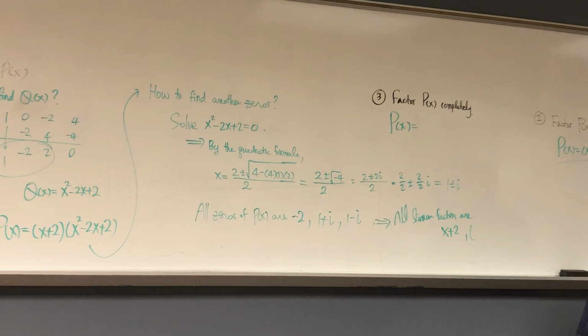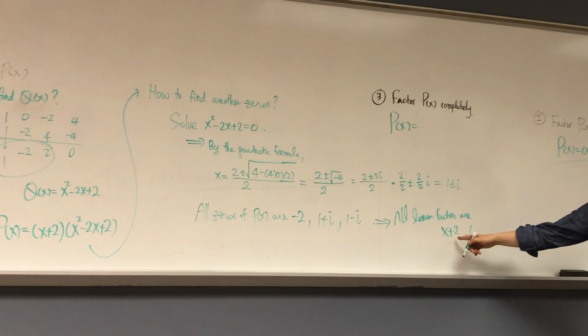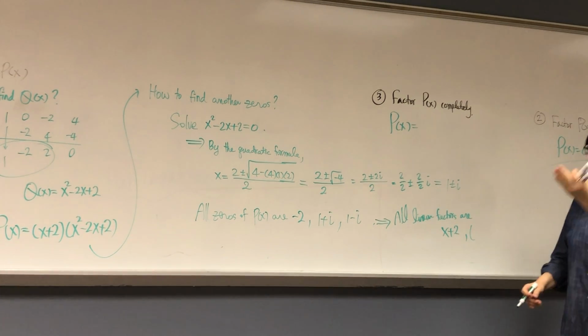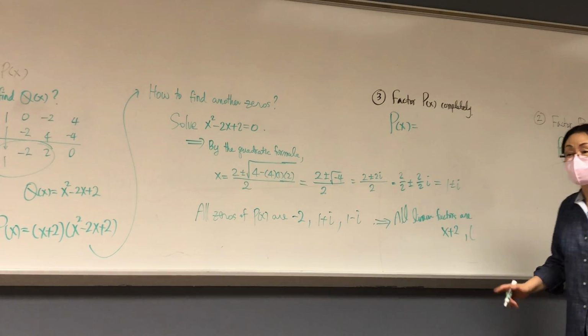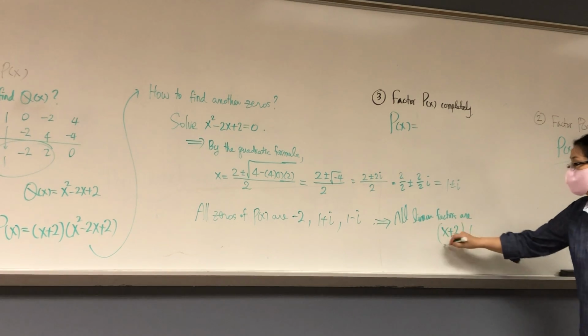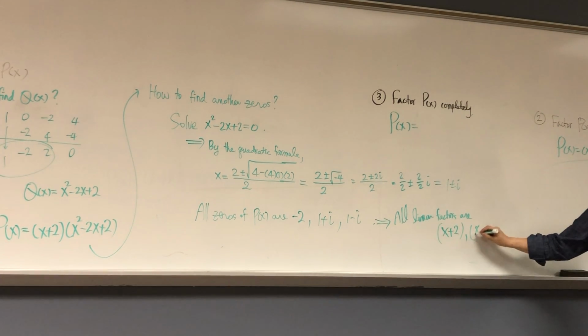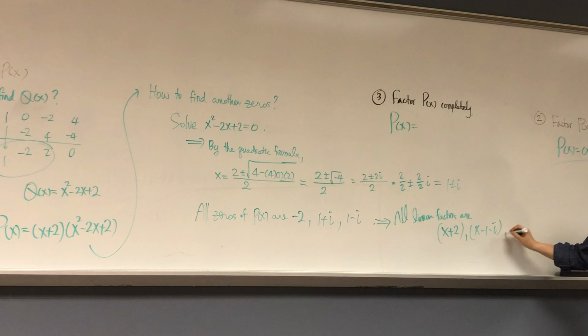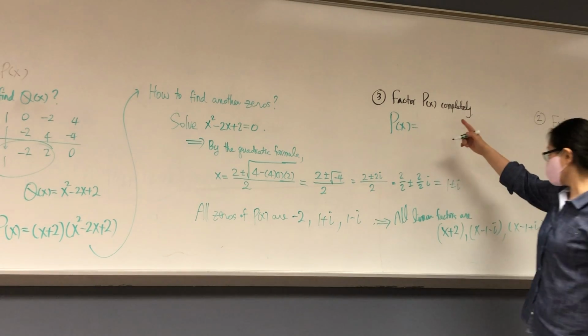X. X plus 1. How do you make this? X minus the zeros, right? So X minus 1 minus i. Good job. Another one is X minus 1 plus i. Good job. So your answer is that.